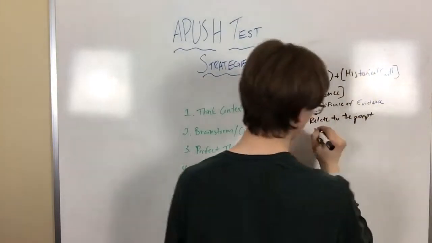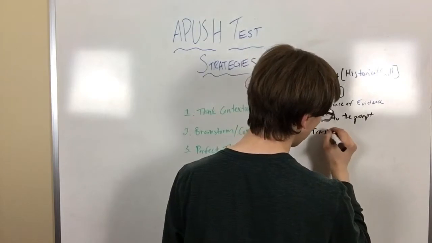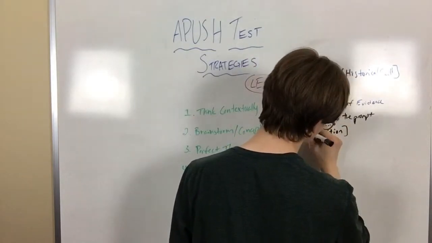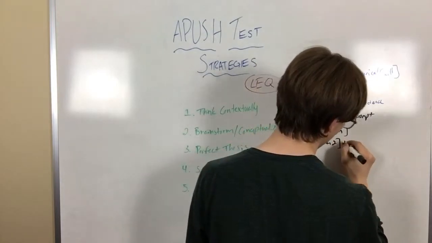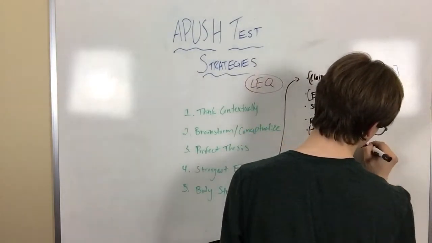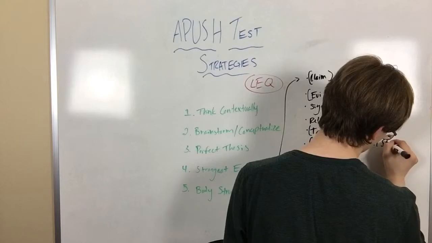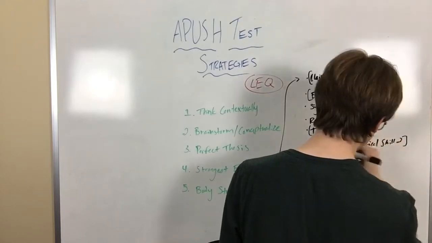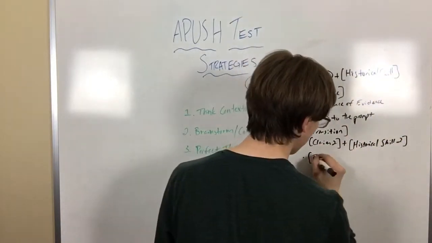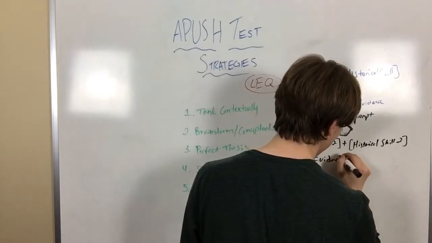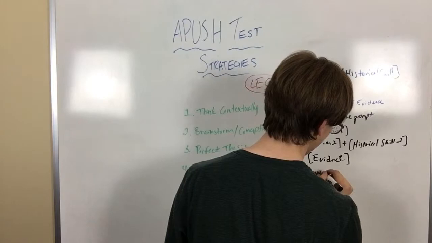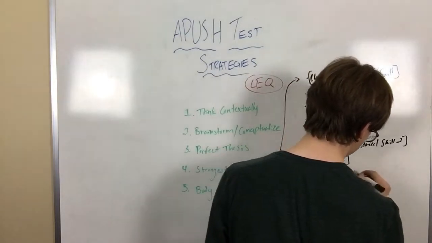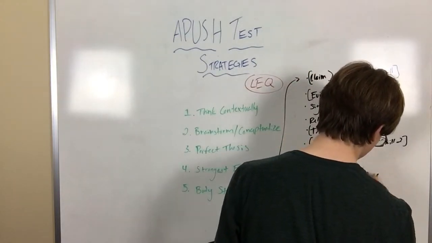Okay, then you're going to transition, and then you're going to do your second claim plus your second historical skill. Okay, and then you're going to do your evidence again. Okay, then you're going to do significance of evidence.